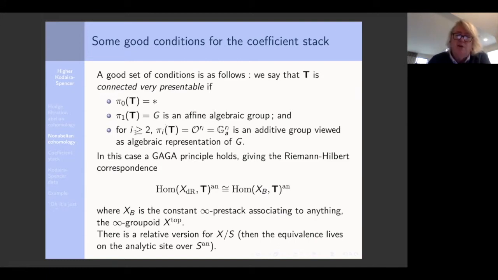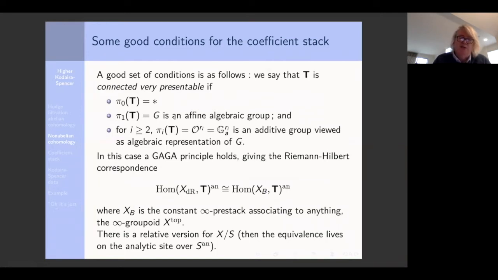And for i bigger than or equal to 2, the pi i of T are just additive groups. That's the easiest possible thing we could have, which is to say the sheaf represented by the additive group scheme, which is just O, the structure sheaf. So we're just asking that these be finite dimensional vector spaces tensored with the additive group. And this should be algebraic as a representation of G. I think that's automatic, but let me say that.